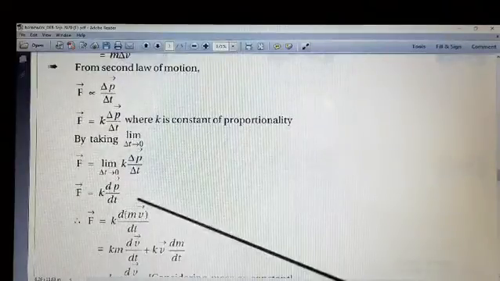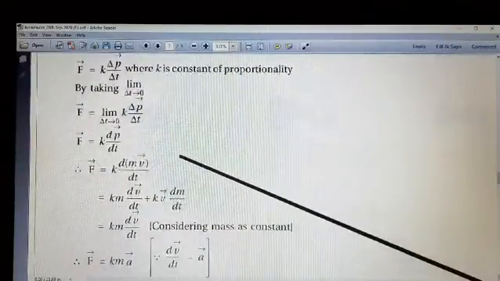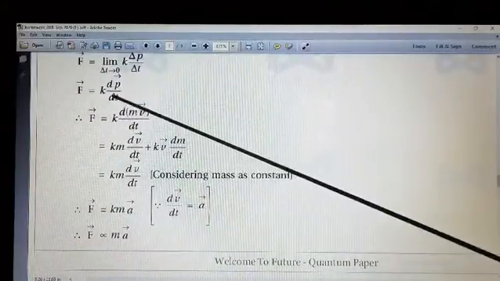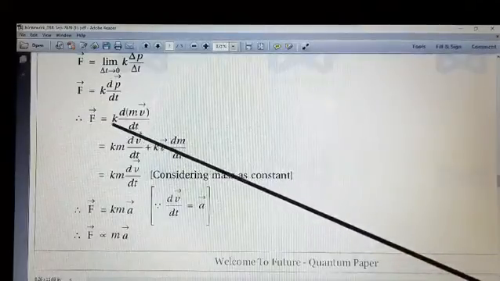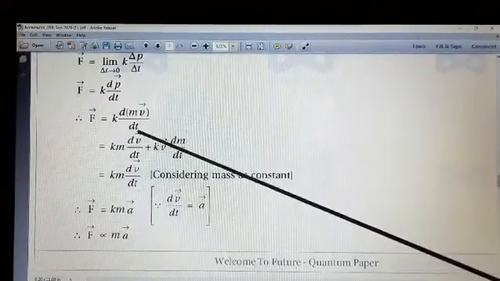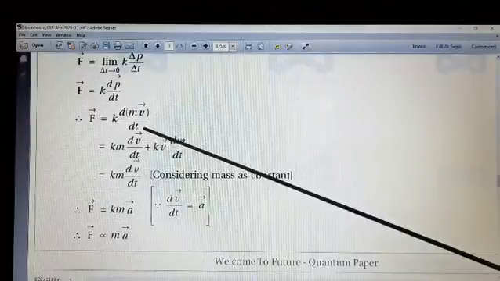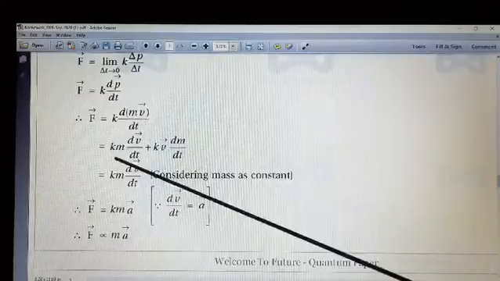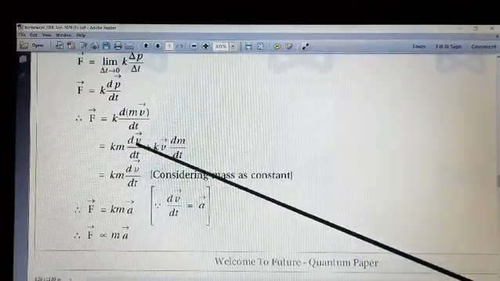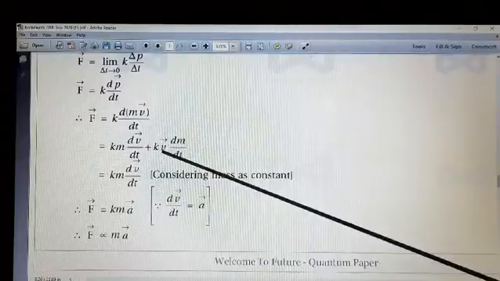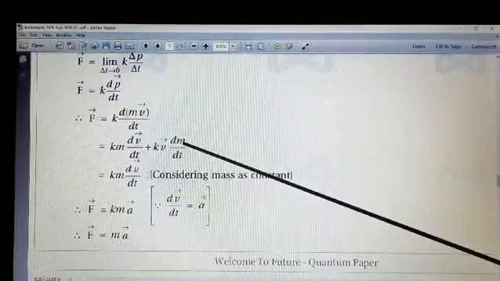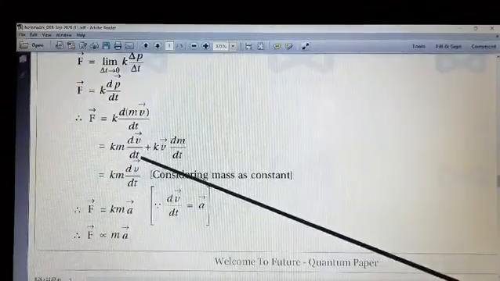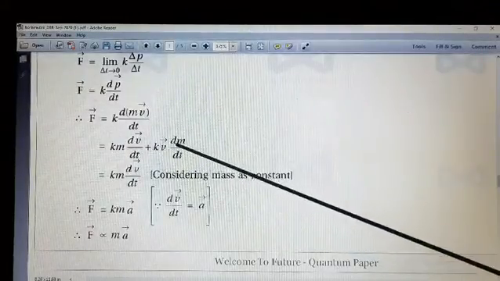In this formula, we substitute P is equal to mv, so F is equal to k d(mv) upon dt. According to the u into v formula, first we keep m as it is and take the derivative of v. In the second term, v stays as it is and we take the derivative of mass. So we get km dv upon dt plus kv dm upon dt.